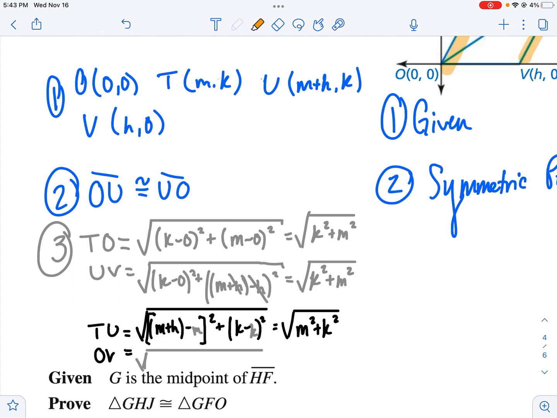So when I'm setting up TU and OV, for TU I've got m plus h minus m, where the m's would reduce, and then I get k minus k.